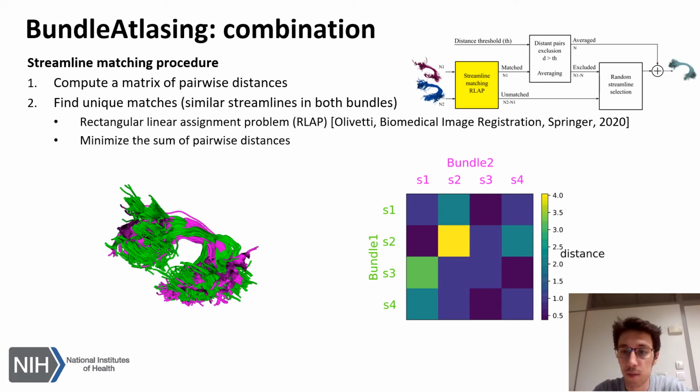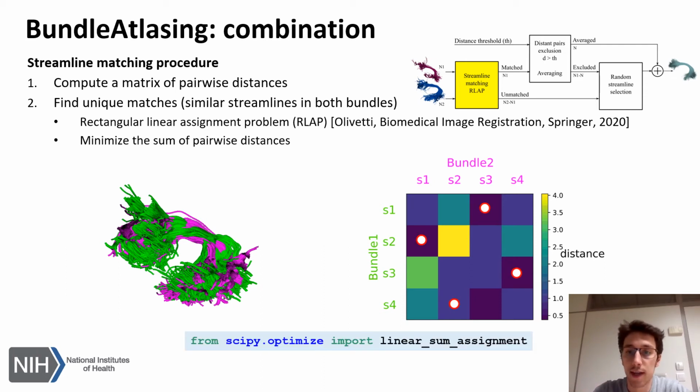And the idea is that we optimize the sum of distances. So we frame a problem in which we are trying to find matches so that we minimize the sum of distances. So we need to find unique matches between streamlines in bundle 1 and bundle 2 so that we minimize the overall distance, not each individual pairwise distance independently.